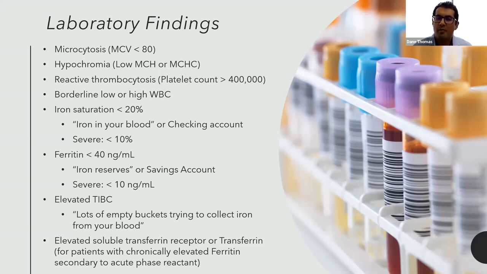So when we have patients who have elevated ferritin levels but also have low iron saturation, we check a transferrin or soluble transferrin receptor panel to see if that's elevated to confirm whether they truly have iron deficiency or not.